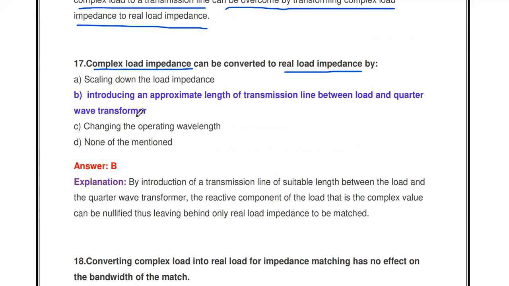Scaling down the load impedance, introducing an appropriate length of transmission line between load and quarter wave transformer, changing the operating wavelength, none of the mentioned. We have to introduce an appropriate length of transmission line between the load and the quarter wave transformer.